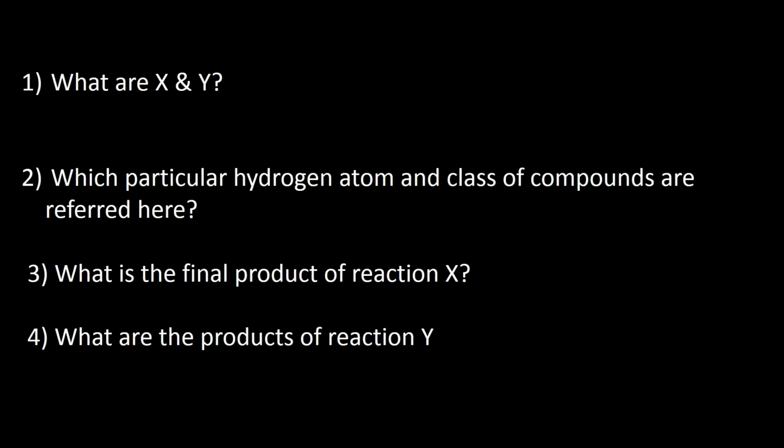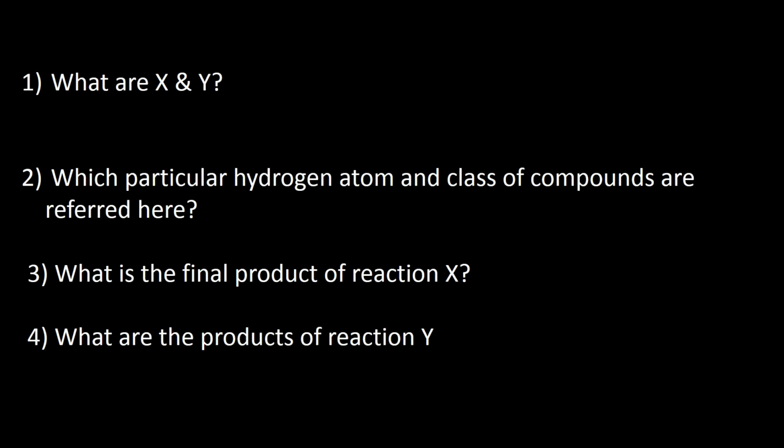Now, we see the questions. The primary question is, what are X and Y? The other questions are, number 2, which particular hydrogen atom and class of compounds are referred to here? Number 3, what is the final product of reaction X?